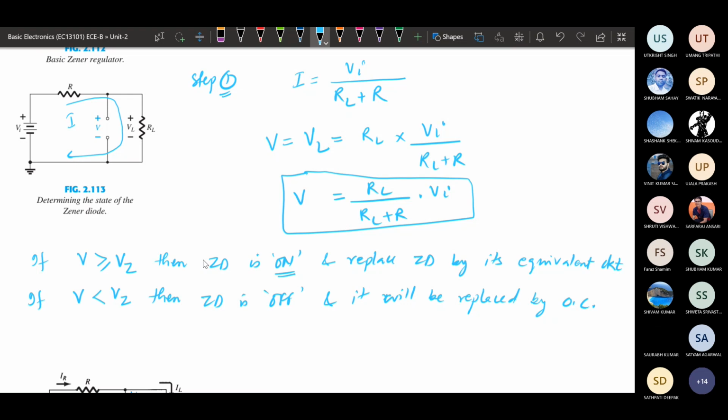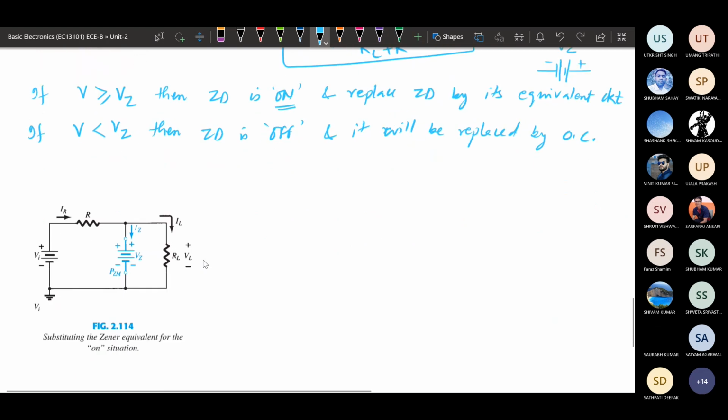If it is in on mode, it will be replaced by an equivalent circuit, that is a constant voltage source equivalent to Vz. So we will be replacing this. Suppose it is in on mode.